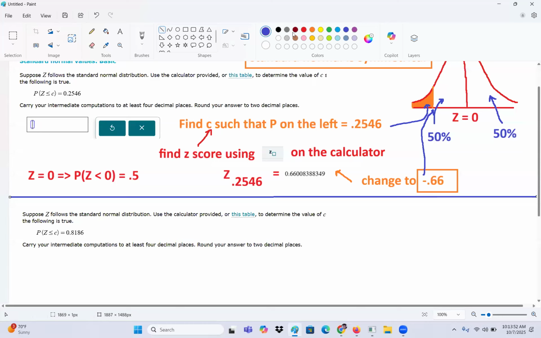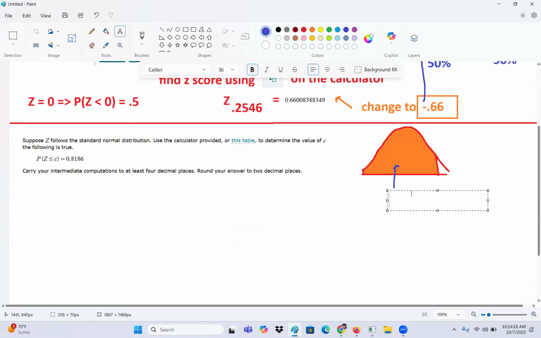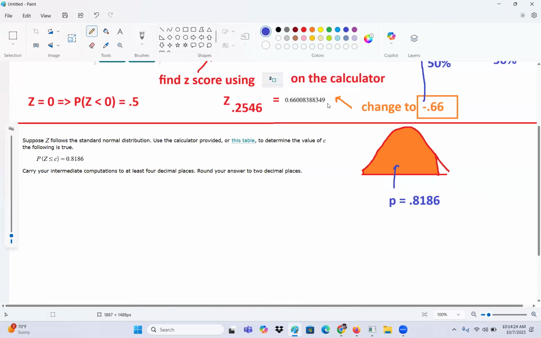If I go for 81%, for example, 81% is something like that, and this is five squared X. So this is 81%. Okay. And then the z-score has to be positive.